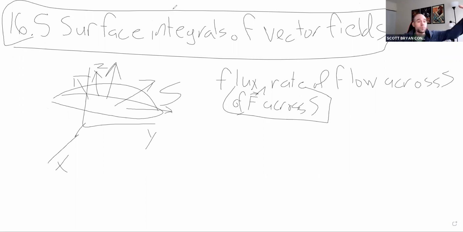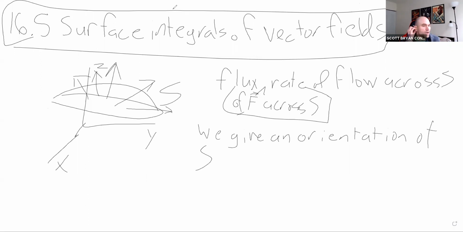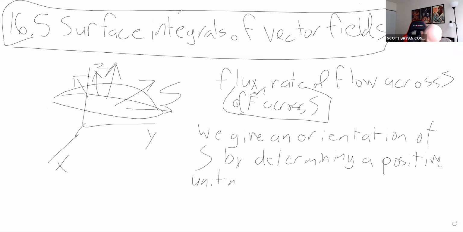So we want to keep track of what direction we're flowing across S. And so we need to give an orientation of S. And we do that by at each point picking a positive unit normal vector n on our surface.